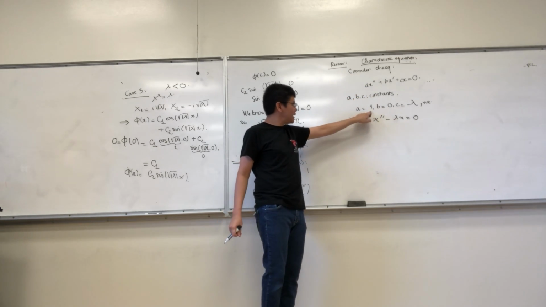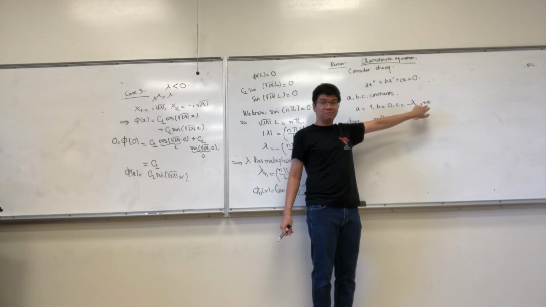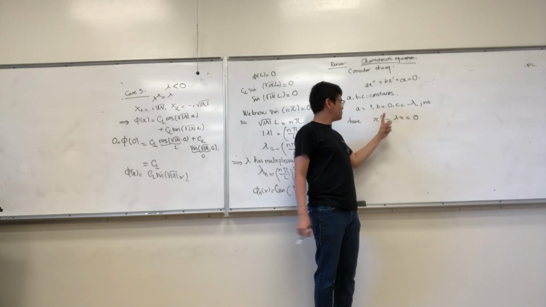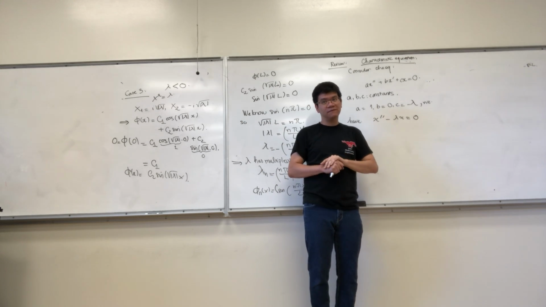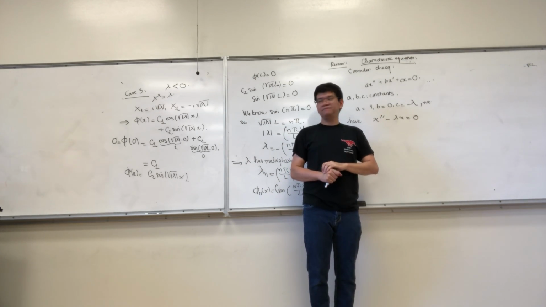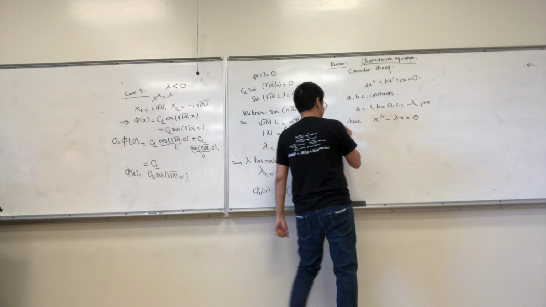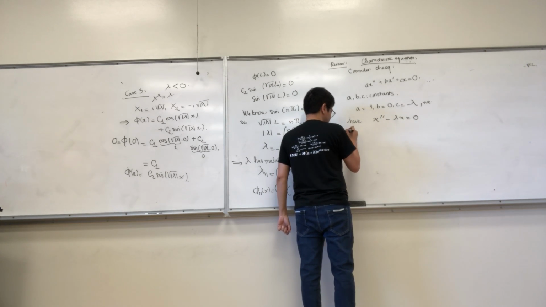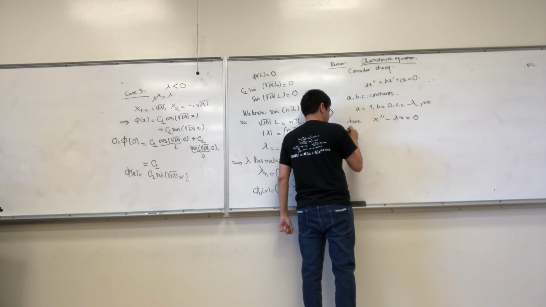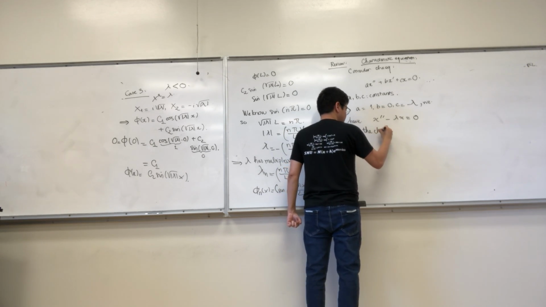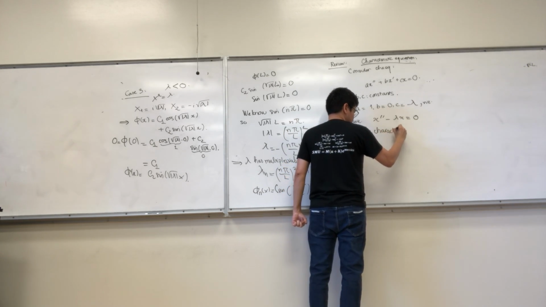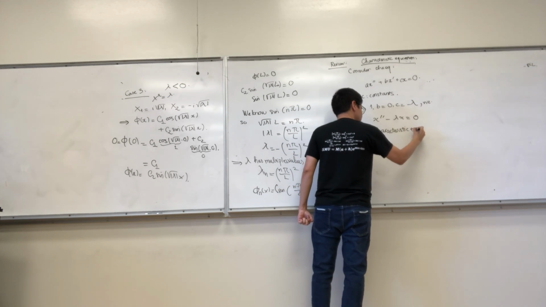When I replace a to be 1, b to be 0, c to be minus lambda, I get x'' minus lambda x is 0. And this is the equation that we are solving over there. Deriving the characteristic equation.